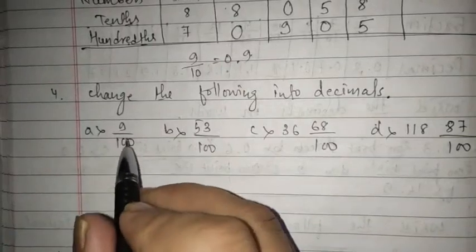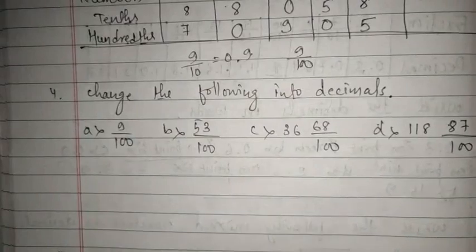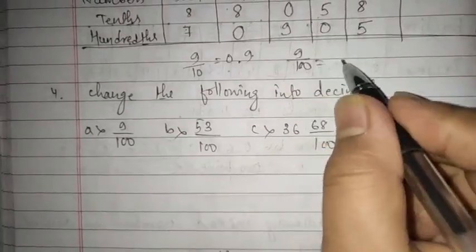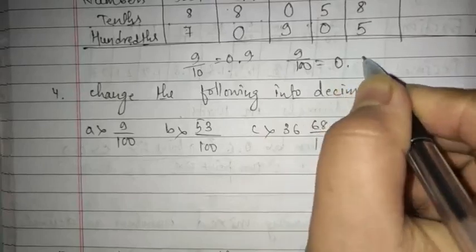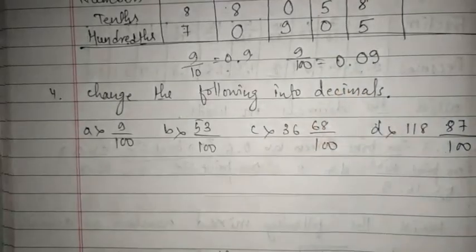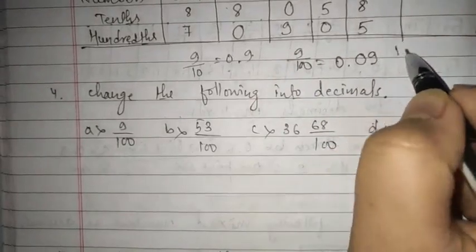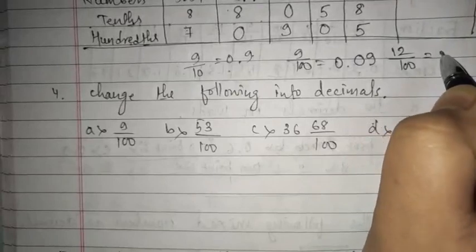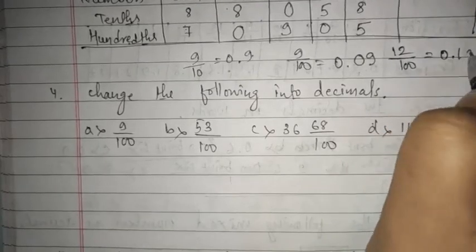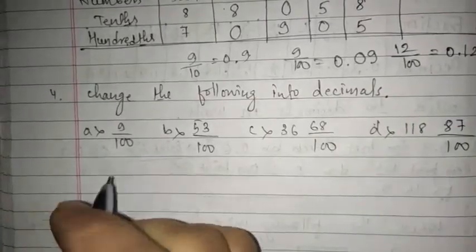But when you have 100 as a denominator, then you have to put 0 point, then 0, then 9. If you have a two-digit numerator, say 12, then just write 0.12. That's all.